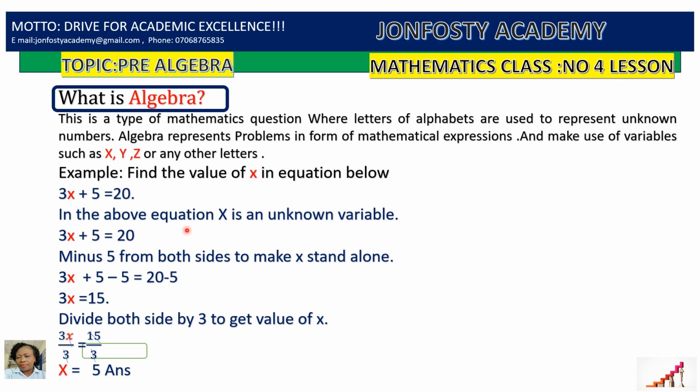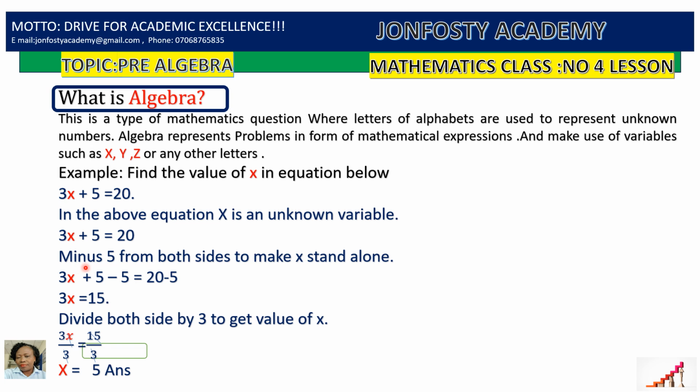Then we need to find a number we can use to eliminate 5 on both sides to enable us to stand 3x alone. So since plus 5 is here, we are going to introduce minus 5 on both sides.